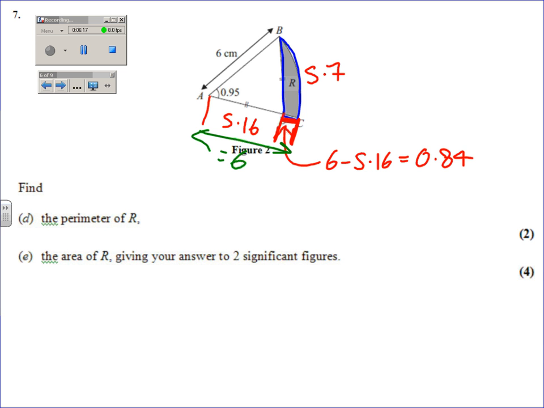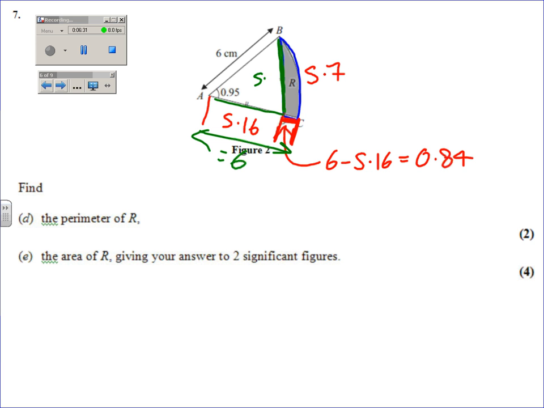and that gives us 0.84. Well done. So the only bit we've got to find now is this bit here, and we already know that because it's exactly the same as the other side, which was 5.16.